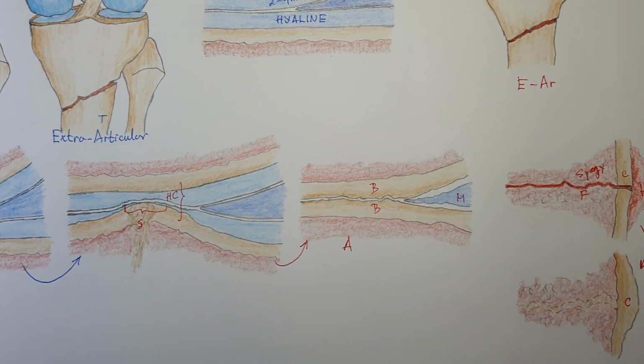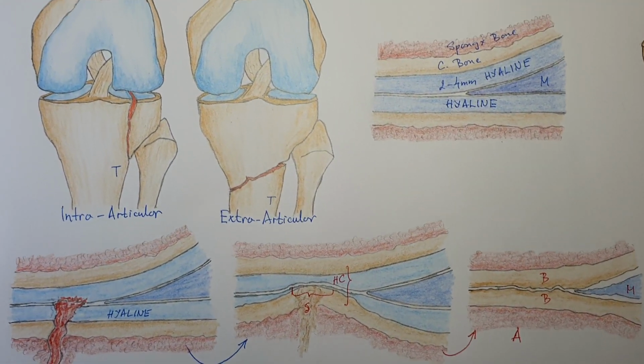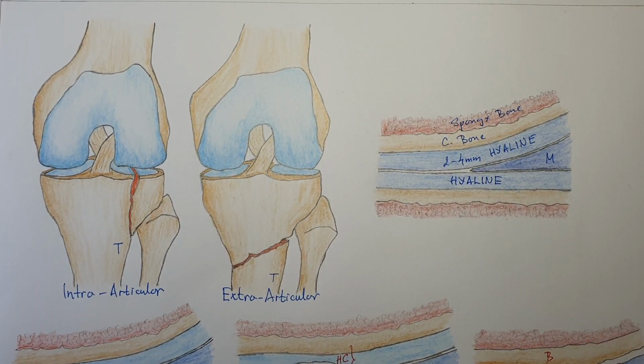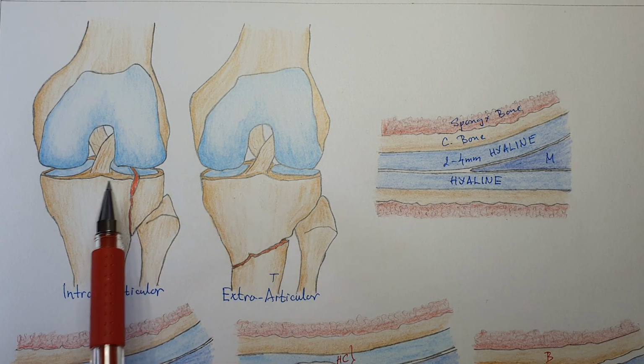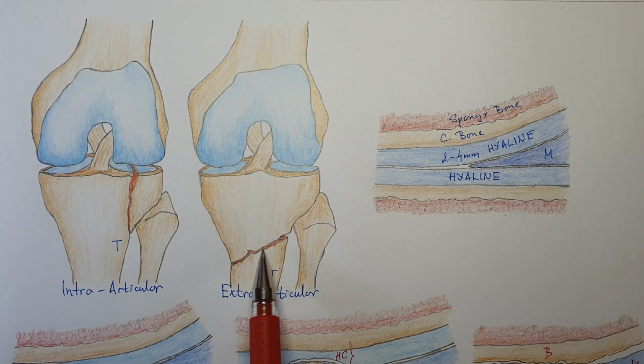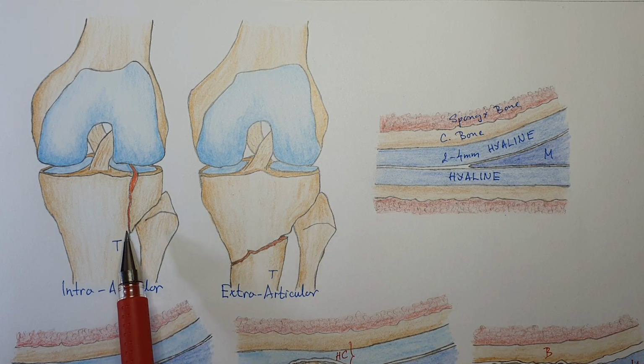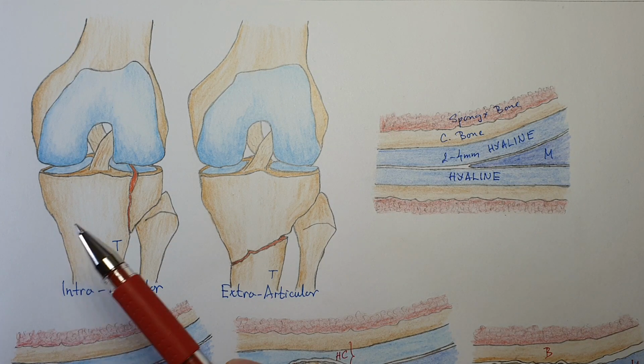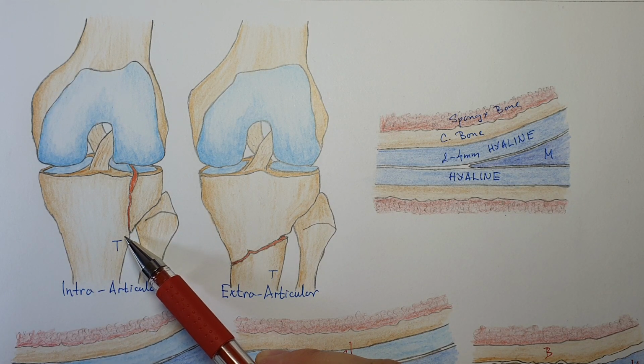If a patient comes to you in the emergency room and has an intra-articular fracture, even if it is simple, this poses a significant risk for arthrosis in the joint. And if a patient has an extra-articular fracture, it is also bad, but it is much better than an intra-articular fracture.